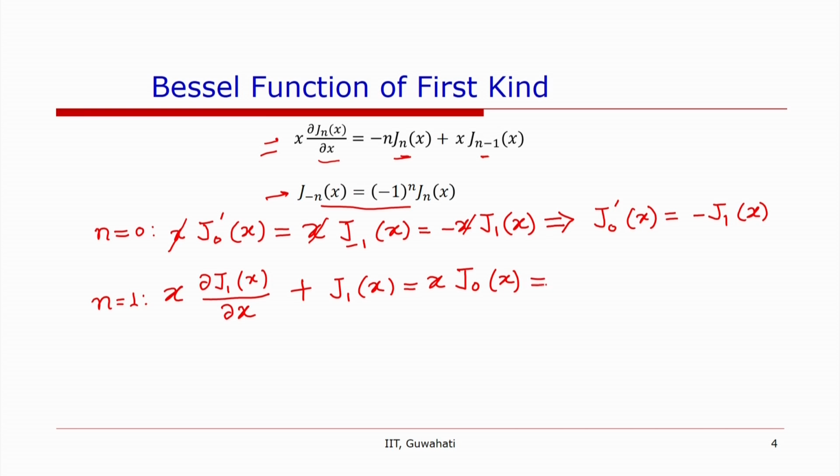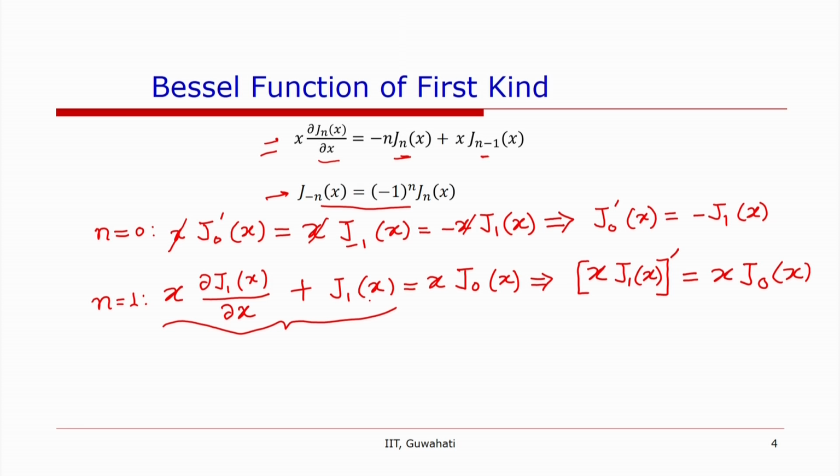So from this, let us look at this. This is a derivative of x J 1 x, that is equal to x J 0 x. So you can say the derivative of x, the second term is differentiated, J 1 dash x, plus the differentiation of x is 1 and then J 1 x.